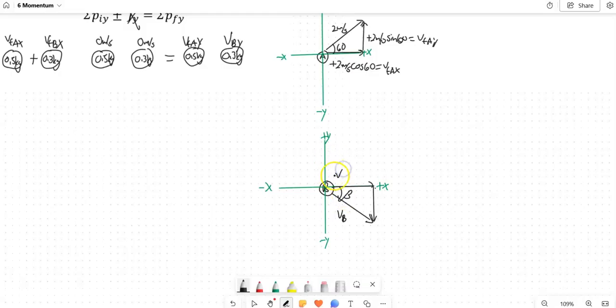So V final B X is positive V B cosine of beta. It's in the negative Y direction, so V final B Y equals negative V B sine of beta.